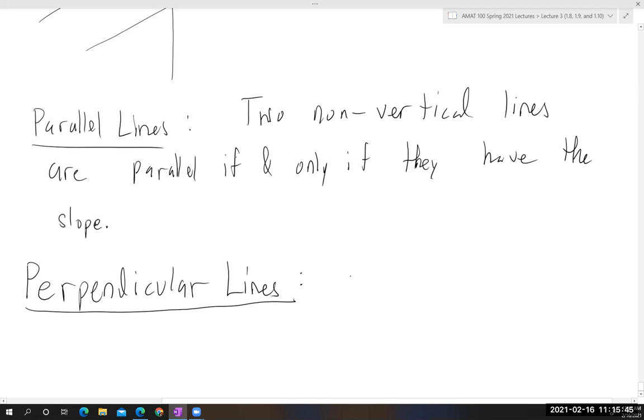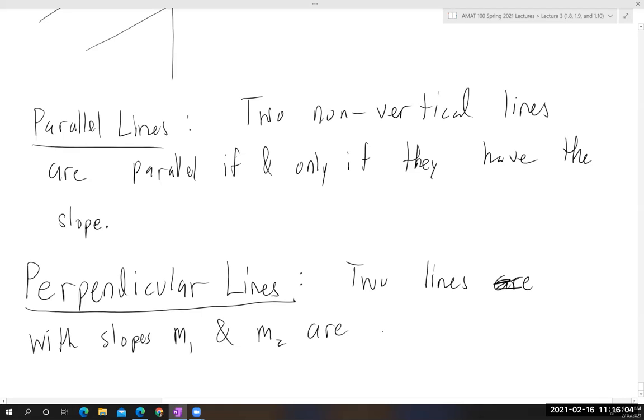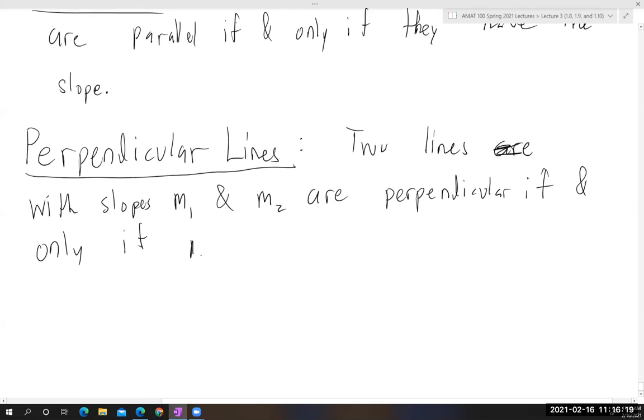So we have that two lines with slopes M1 and M2 are perpendicular if and only if the product of their slopes is -1.